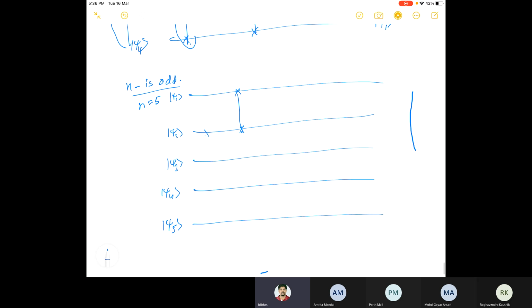Then there will be psi 1, psi 3, and there will be here psi 3, psi 4, yeah, psi 4, psi 5. Similarly, there will be here, there will be here once. From the circuit, you can see how it is happening.